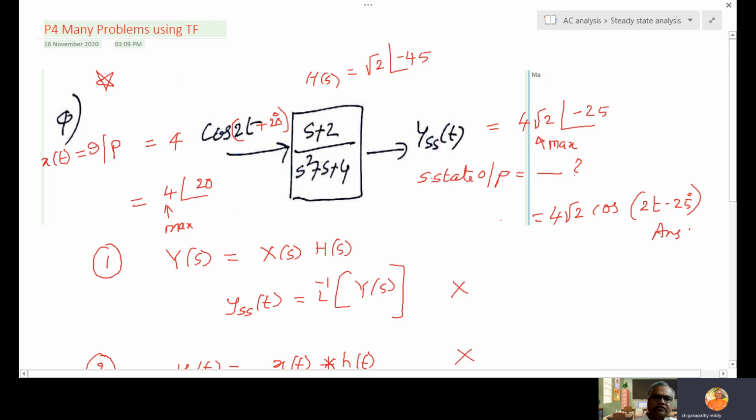What is the other easy method? For the input signal, this 4 is multiplied with root 2. So 4 root 2 cos 2t plus 20, further delayed by 45. So plus 20 minus 45 is what? Minus 25. So straight away you can answer.